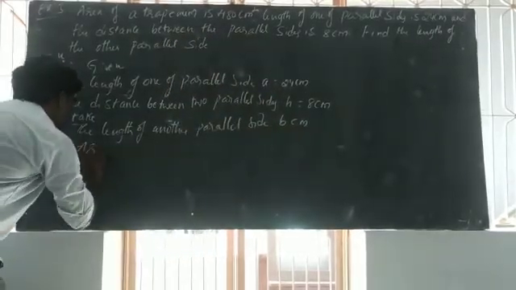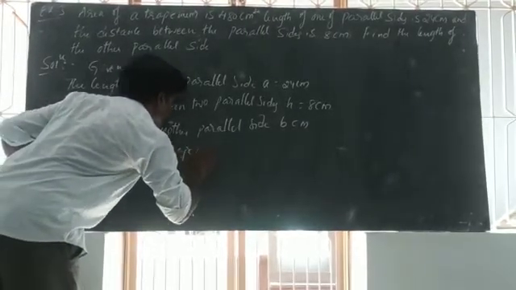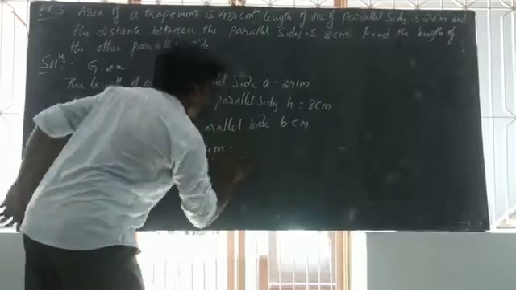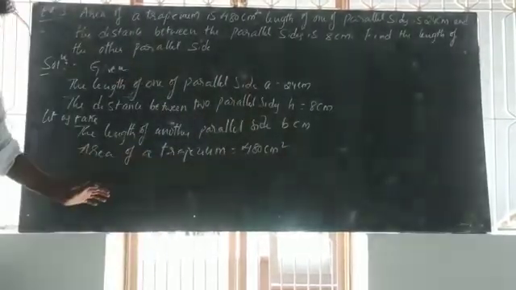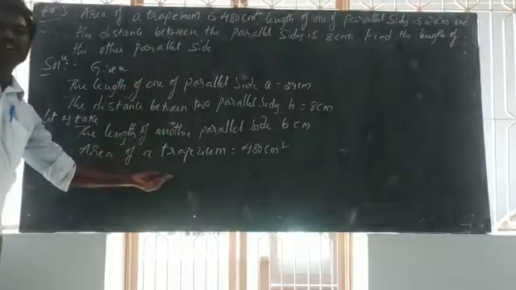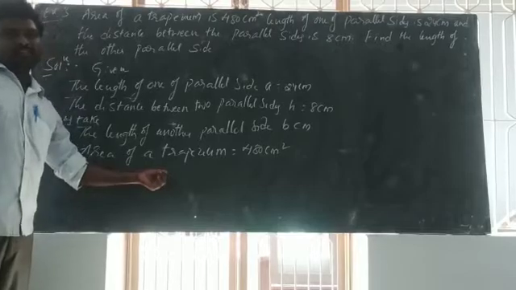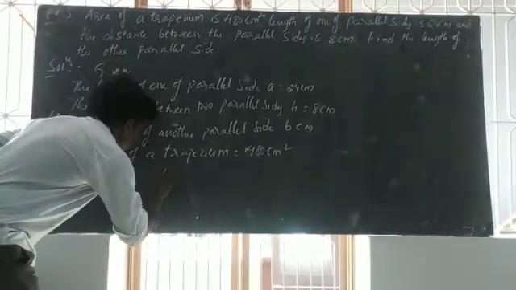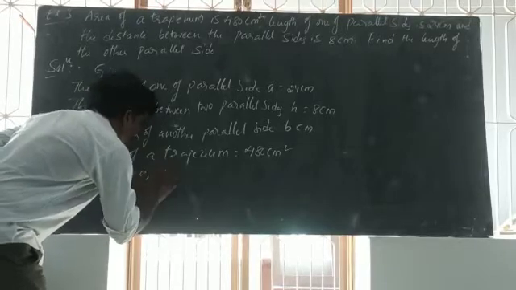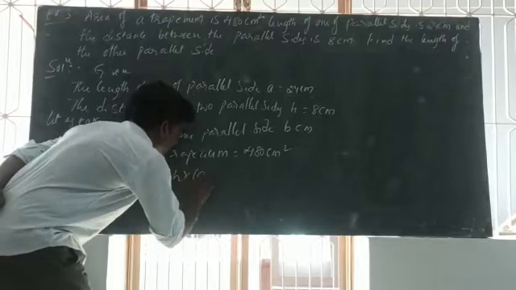Next, given that the area of the trapezium is 480 centimeter square. This area is equal to the area of trapezium formula. So what is the area of trapezium formula? 1/2 into the distance between the two parallel sides into the sum of the two parallel sides, that is 1/2 into h into a plus b.